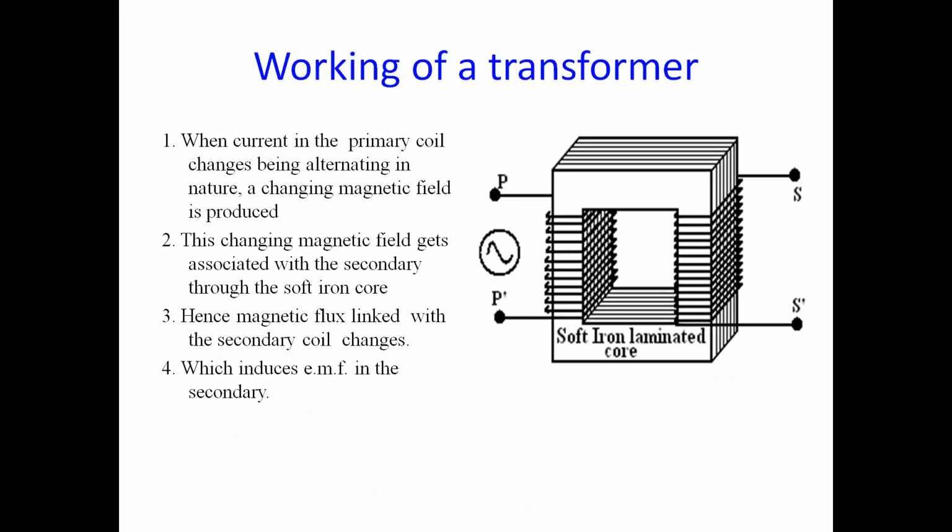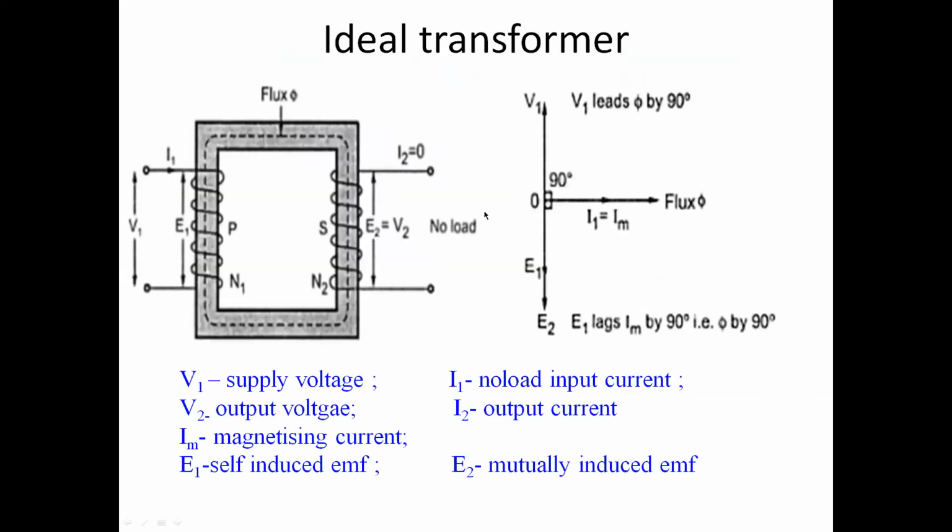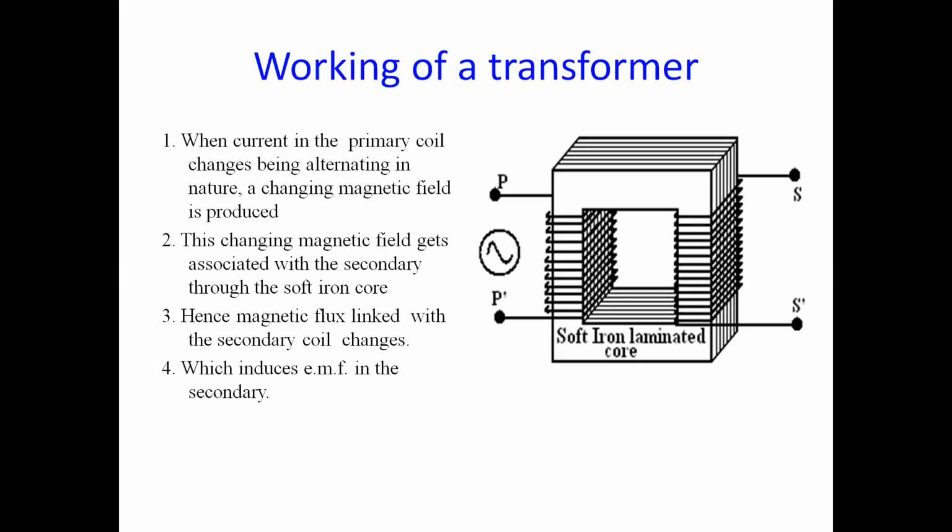Now you come to the working principle. So see, this is the transformer. When we connect the primary, the flux is produced, which is confined within this core, the soft iron laminated core.